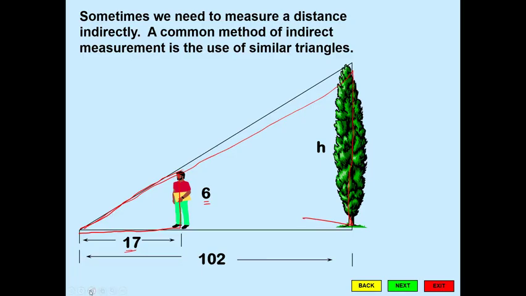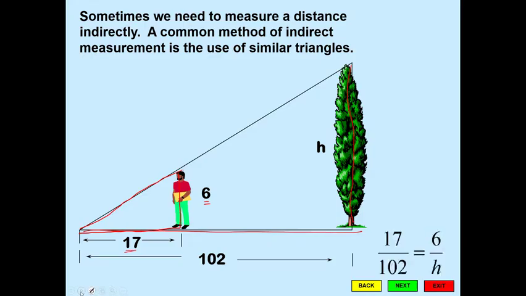Okay, let's get rid of that. But anyway, we've got this big triangle here, the larger one on the outside. Its long side here is 102, and we want to find out how tall that tree is.